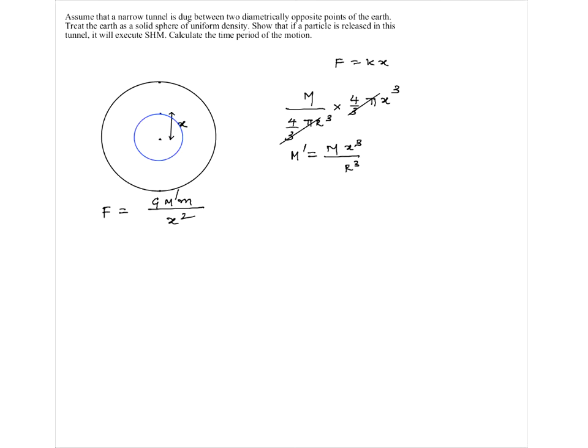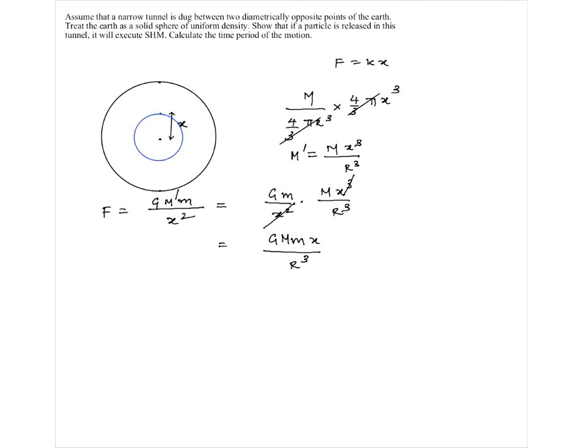Just put the value for m dash and simplify. Capital M x cube by R cube. So we have G M m x over R cube.